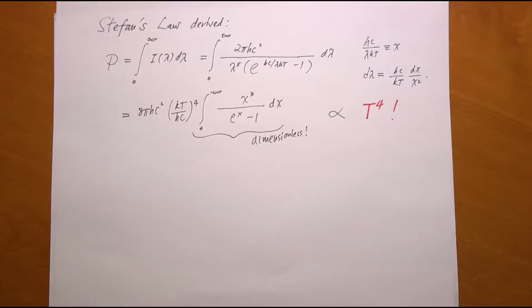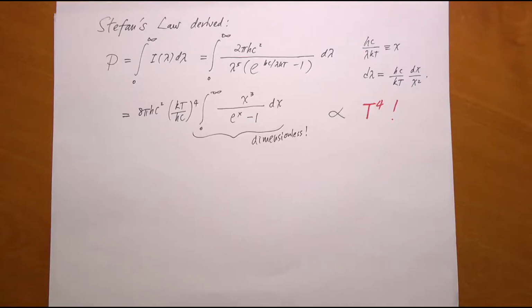In fact, we can apply it to our sun as well. The total power radiated by the sun can be calculated from the Stefan-Boltzmann law. It is indeed proportional to the surface temperature of the sun to the power 4, that temperature being 5,800 Kelvin.